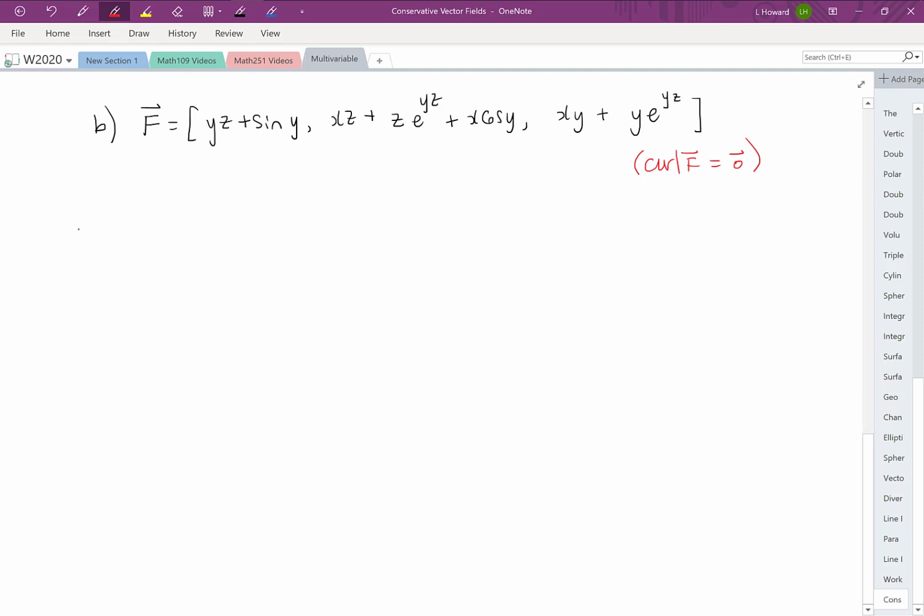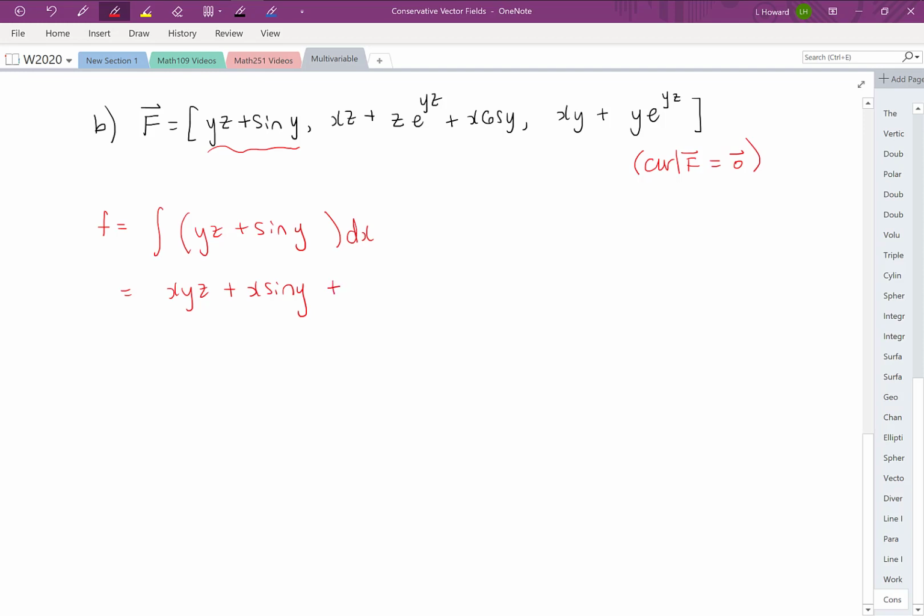So the way we're going to find a potential is we're going to think about our potential, little f, in 3 different ways. On the one hand, it's going to be the integral of the first component of our vector field with respect to x. So we'll take yz plus sine y and integrate that with respect to x. That's going to give us xyz plus x sine y.